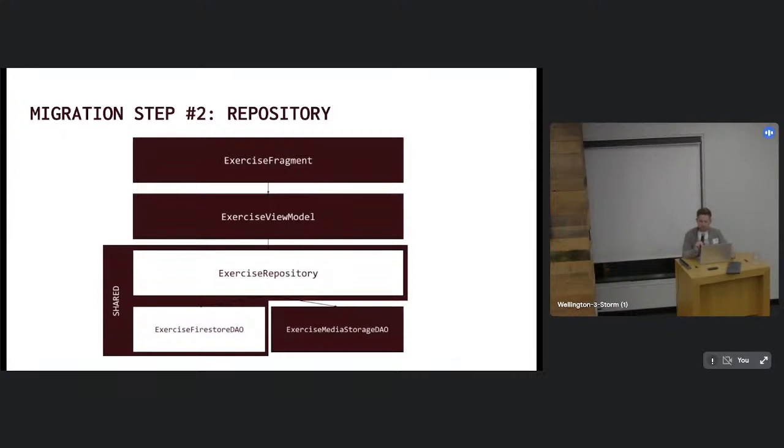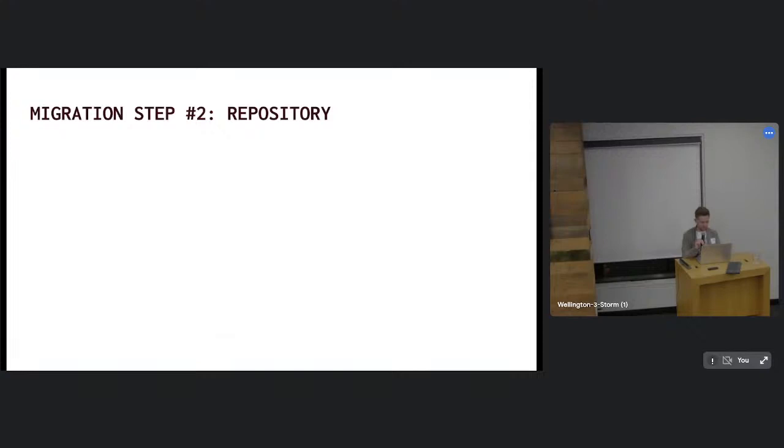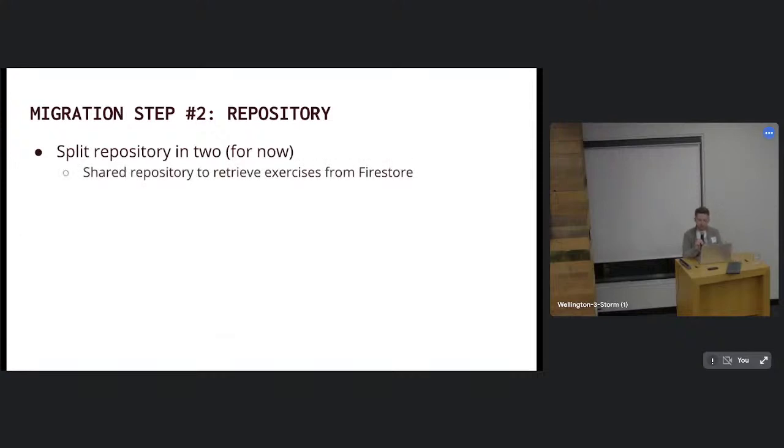And so you can see already that this is not going to work, because obviously the shared repository is not going to be able to access the platform-specific repository. So, for now, I needed to basically do the same thing and split the repository in two. That's a shared repository for retrieving the exercises via Firestore, and then platform-specific repositories to retrieve the images.